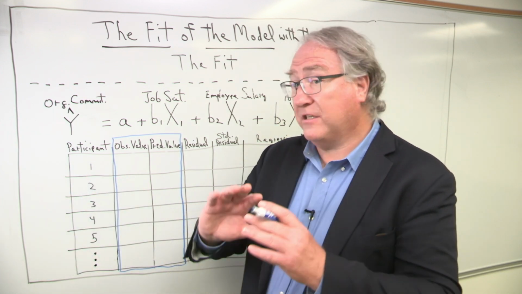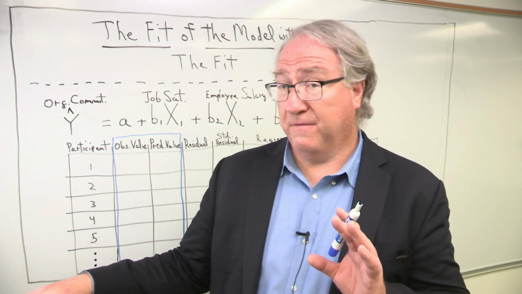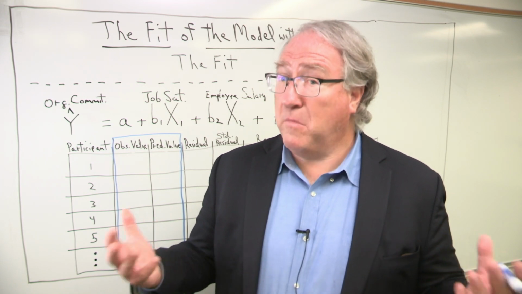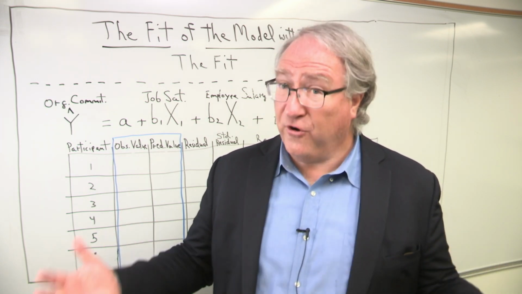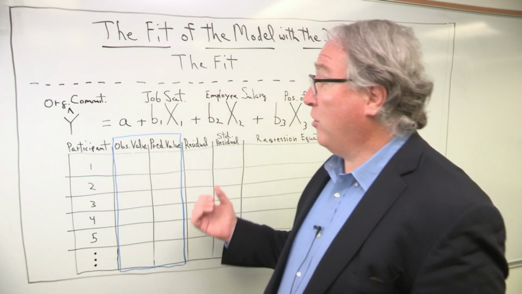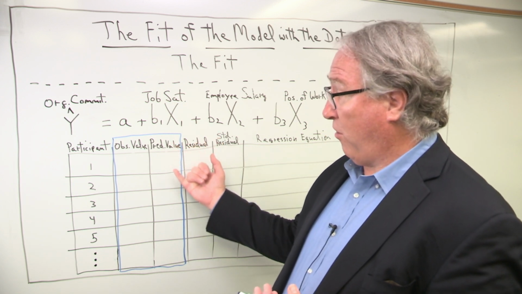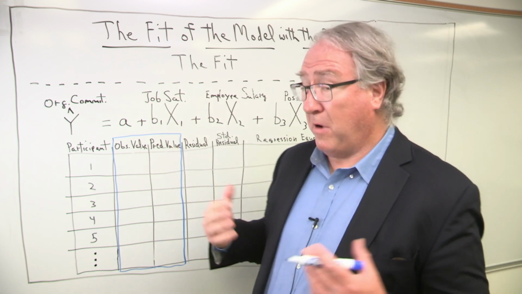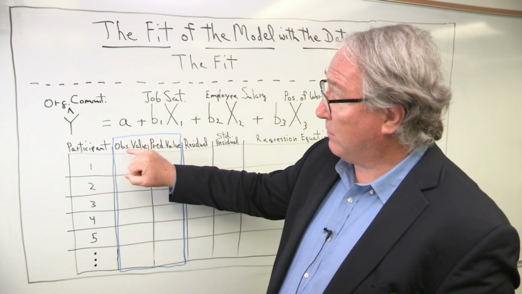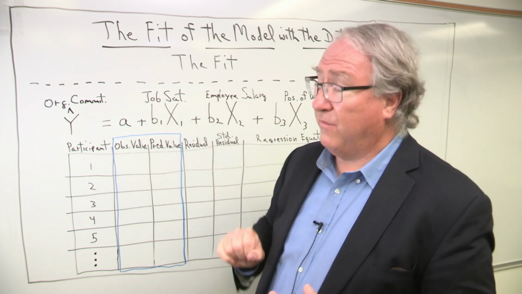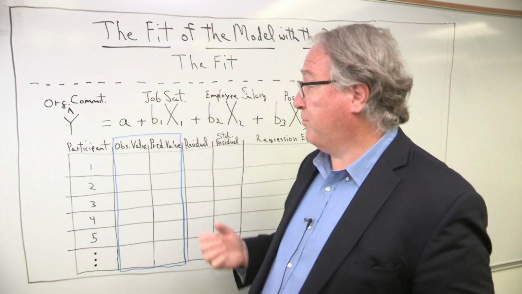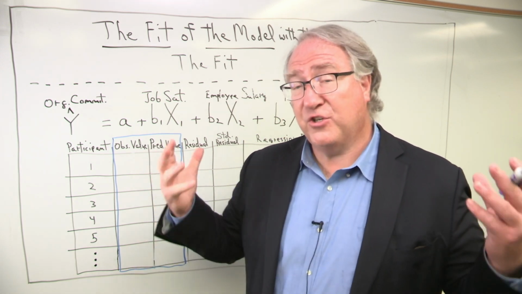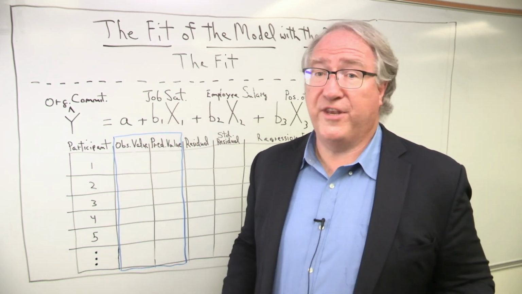Let's just cut to the chase for a moment. When people talk about the fit of the model with the data, what they're referring to is how close overall across your participants the predicted values from the model are coming to the actual observed values on the outcome variable measure. The closer those predicted values come to those actual observed values, the better the fit of the model with the data.